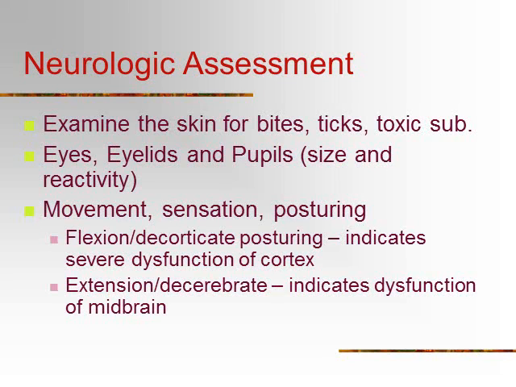This is when most of the extremities and muscles would be flexed, kind of curled up. And then there's also extension or decerebrate, and everything is extended. So the arms are out straight, and you might even have arching of the back, and that indicates dysfunction of the midbrain.